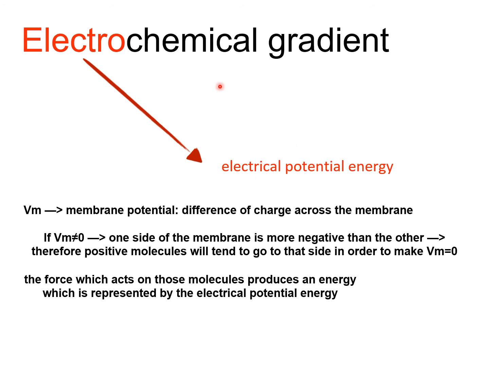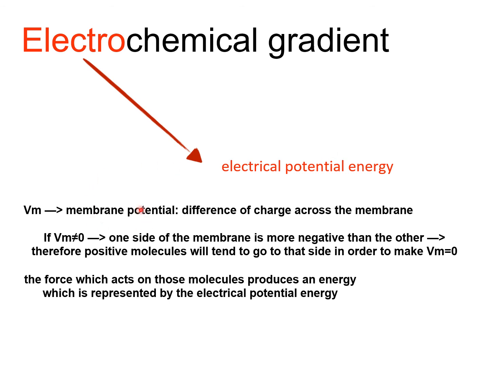Now, let's talk about the electrochemical gradient. Okay, if we talk about the electrochemical gradient, it has two main parts, electro and chemical. First, the electro. Electro means electrical potential energy.